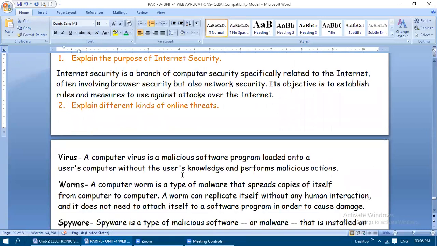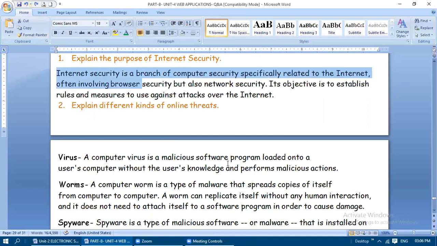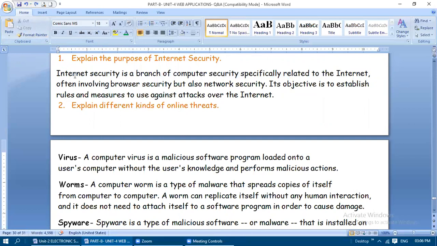First one, explain the purpose of internet security. What is the purpose of internet security? It is a branch of computer security, specifically related to the internet, often involving browser security but also network security. Okay, so internet security is a branch of computer security only.